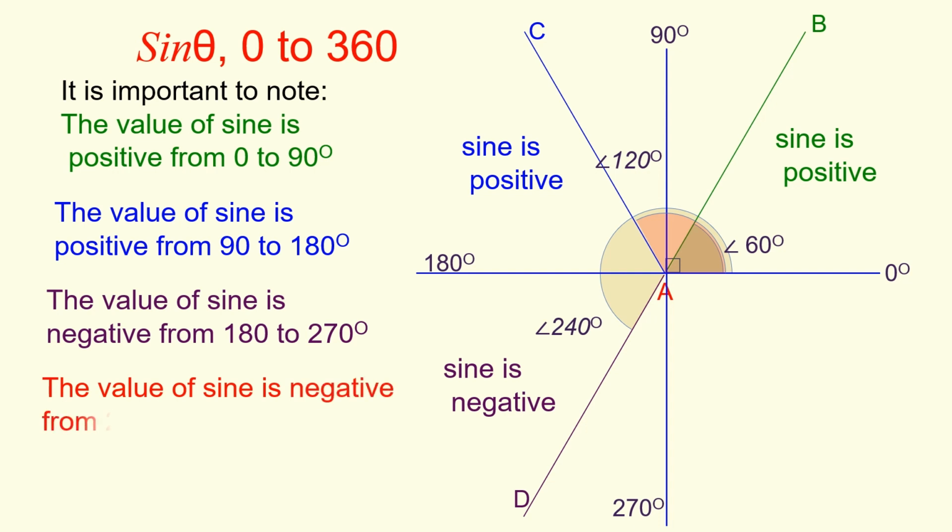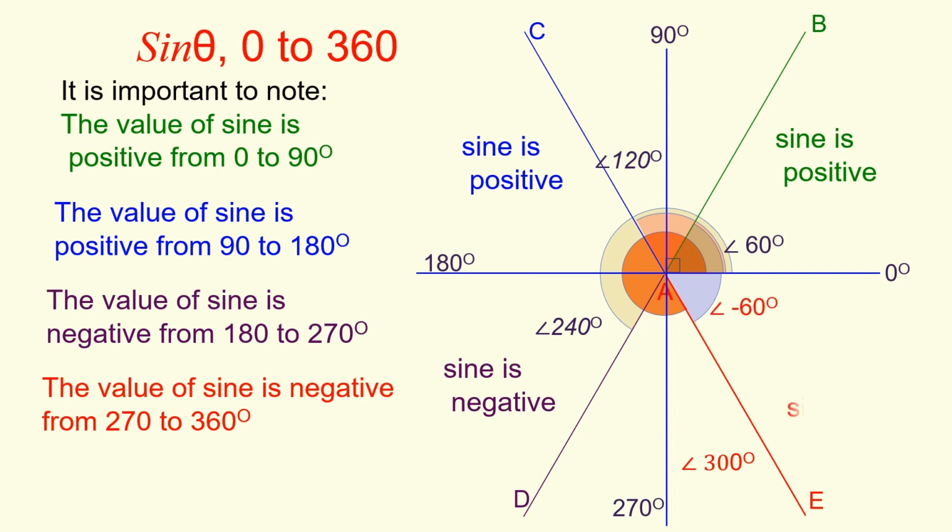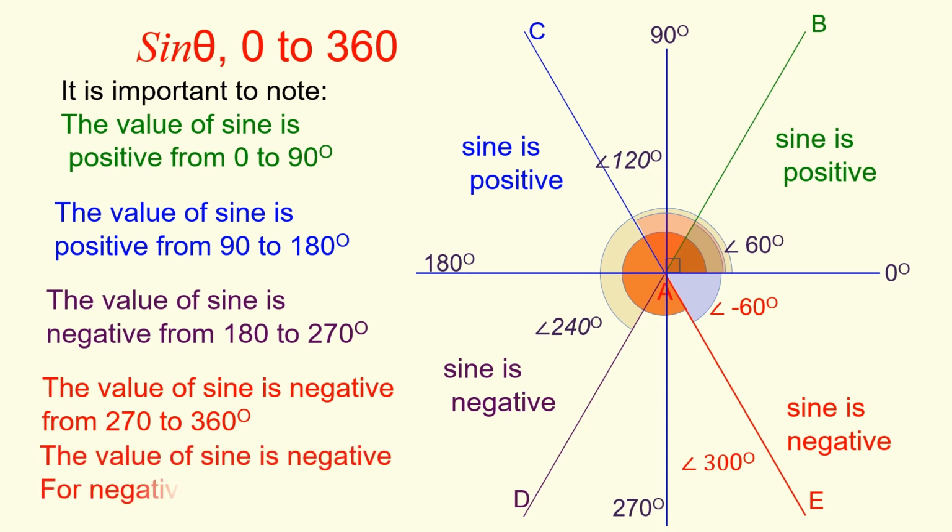The value of sine is negative from 270 to 360 degrees. The value of sine is negative for negative angles, too.